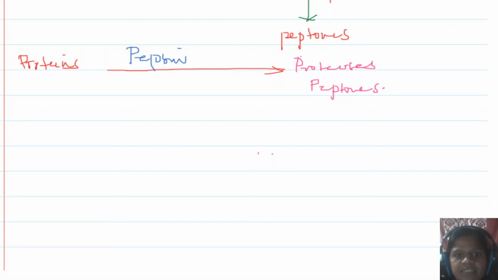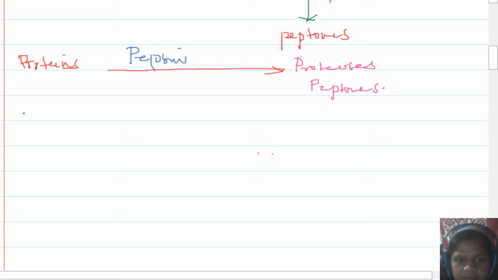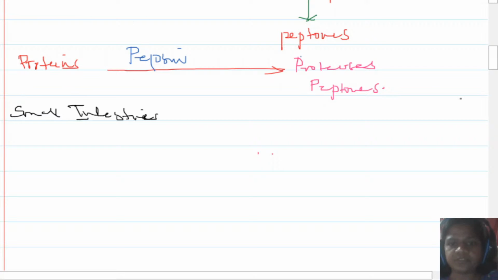Next comes the small intestines. So let's see what happens in the small intestines. We finished until this part, right? Until the stomach. So in the small intestines, we know that the complete digestion takes place. Not just the complete digestion, but also the absorption takes place. So now let's start off with the digestive part of it.